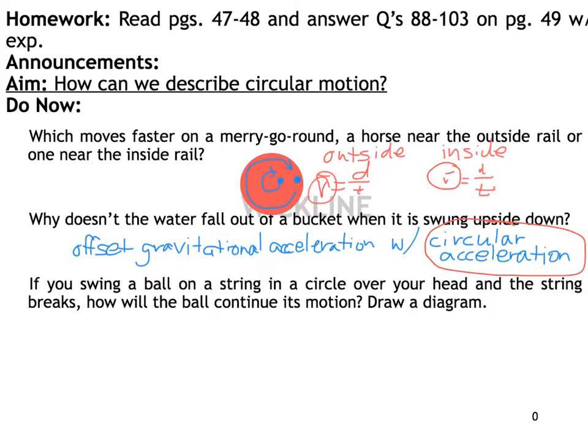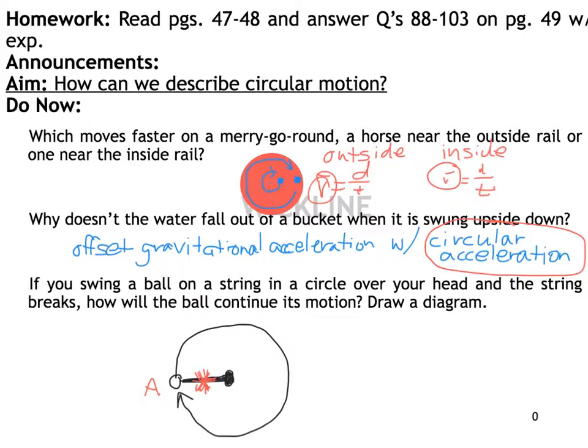Draw a diagram. So here's my diagram of the ball being swung around. If the string were to break at this position, which we can call position A, then this is my symbol for break, not an X. So if the string breaks there, the ball at that moment was swinging in a clockwise direction. So it's still going to be moving, generally clockwise, but it won't be following a circular path anymore.